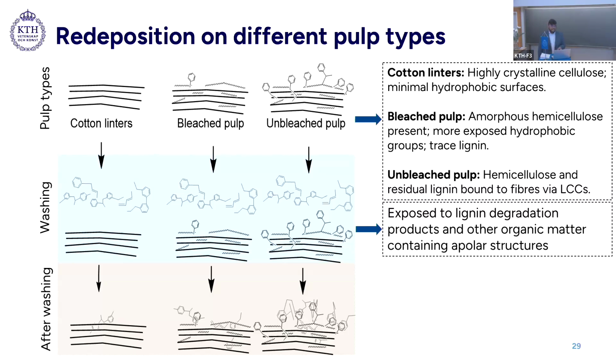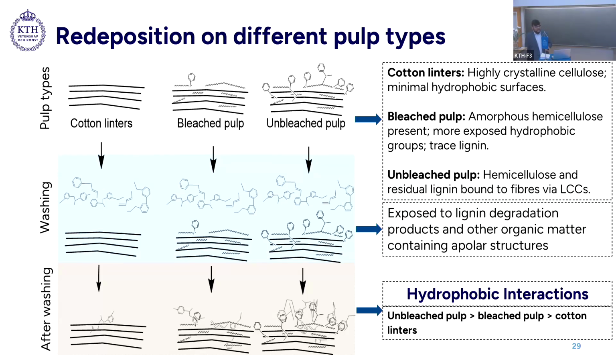So during washing, the fibers are exposed to lignin degradation products and other organic matter containing apolar structures. The interactions were hydrophobic and aromatic, where lignin redeposition was high with unbleached pulp, followed by bleached pulp, and then the cotton linters.